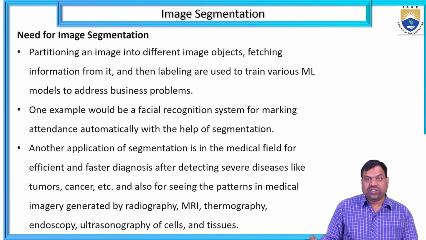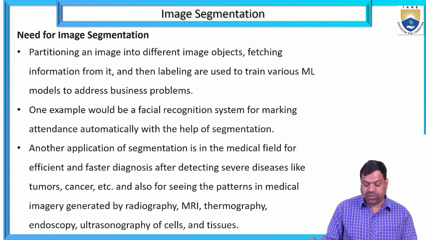So what is the need for image segmentation? Partitioning an image into different image objects, fetching information from it, and then labeling it or using it to train various ML models to address business problems. For example, a facial recognition system for marking attendance automatically with the help of segmentation.